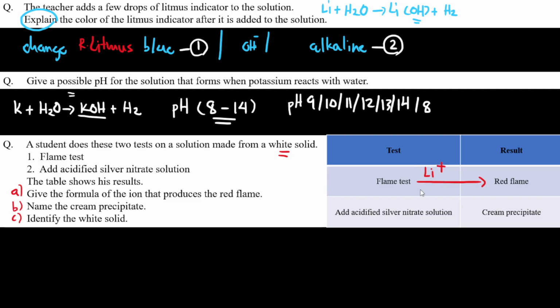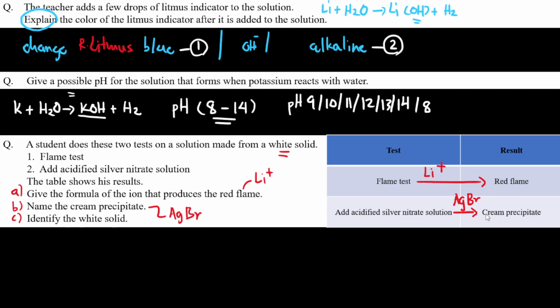So when you add acidified silver nitrate solution and it forms a cream precipitate, the only product that produces cream precipitate is silver bromide. Okay, so let's try to write down this. Give the formula of the ion that produces the red flame is simply lithium ion, Li plus. Name the cream precipitate. The cream precipitate is silver bromide.